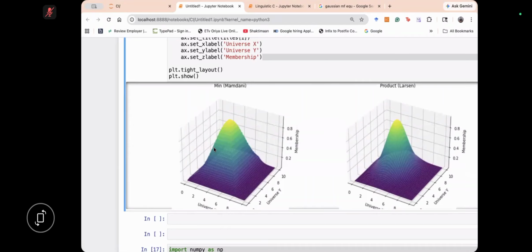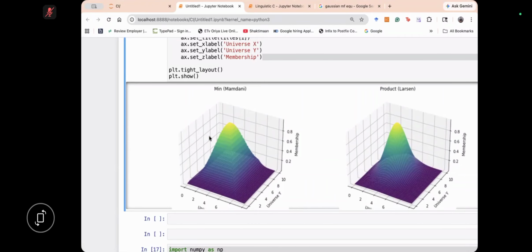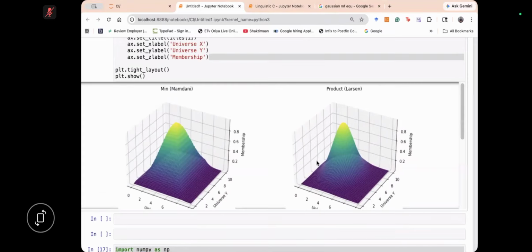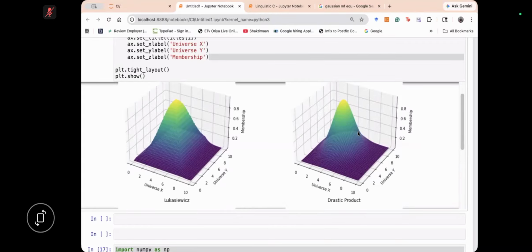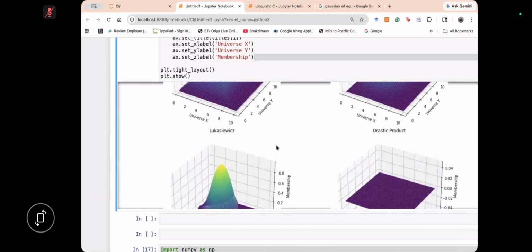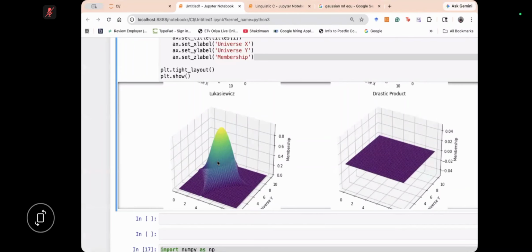You can compare how, if I'm taking the minimum of A and B, the value expands over the x-axis and y-axis, and how membership grade is gradually expanded over the space. In case of product, it is more like a spike, less expanded. And in case of bounded product, there is a bound as per the equation.